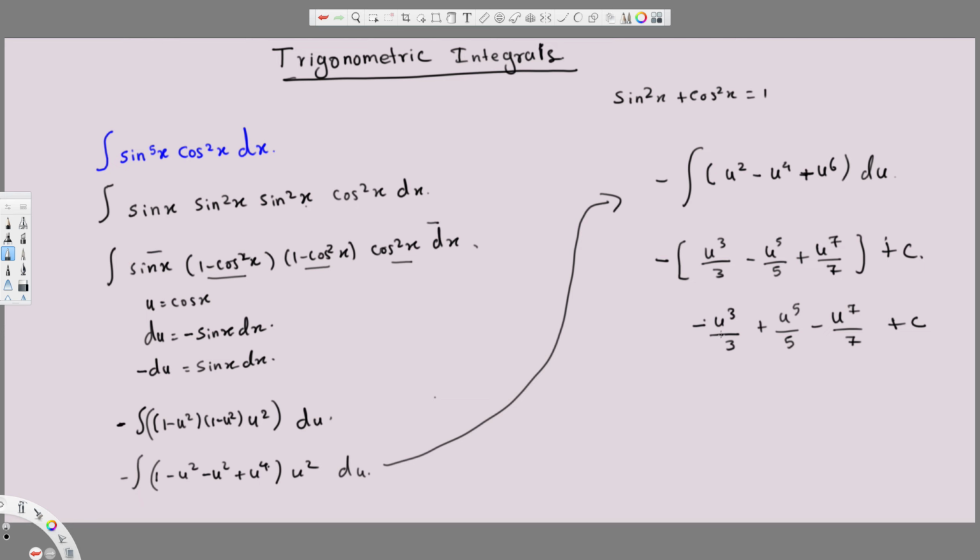Now all I have to do is simply substitute our u value, that is cos x: minus cos cube x divided by 3 plus cos power 5x divided by 5 minus cos power 7x divided by 7 plus constant.